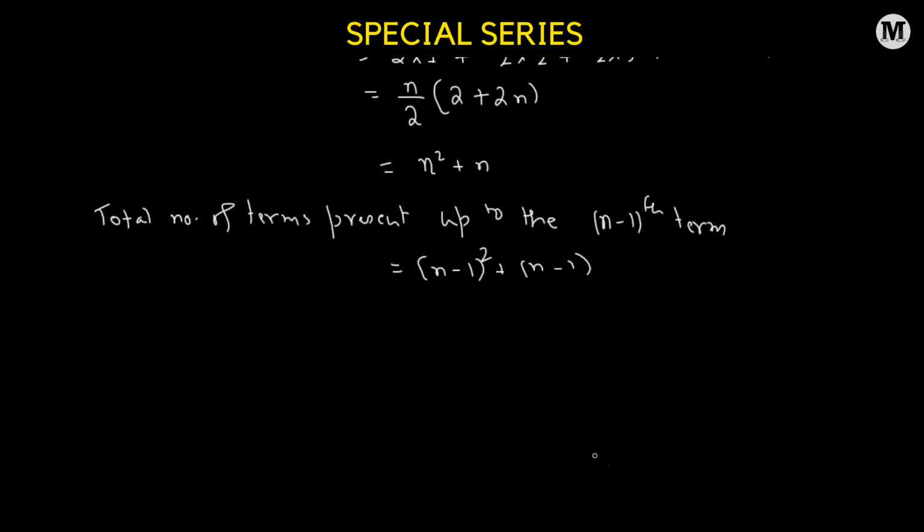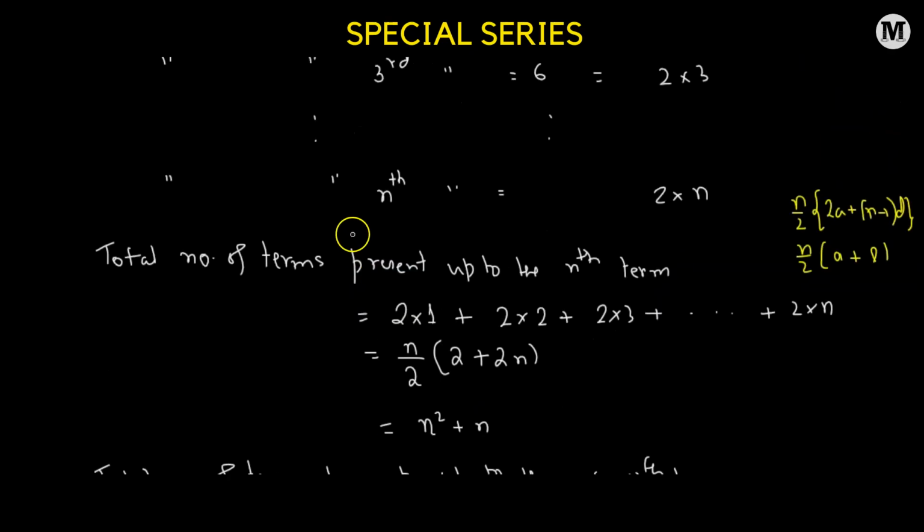So this is going to be equal to n squared minus 2n plus 1 added to n minus 1. When we simplify this, 1 and 1 cancel out, n squared. Negative 2n plus n is simply negative n. Now that means up to the second last row, or I can say up to the n minus 1 term, that will be n squared minus n.